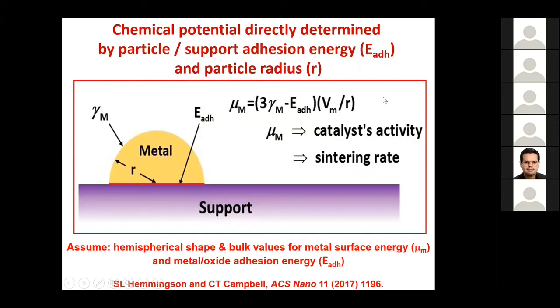And so it shows you that if you have stronger adhesion between the metal and the support, you're going to have lower chemical potential. So the metal atoms are going to be more stable in the particles if they're on a support to which there's a strong adhesion energy. That sort of makes qualitative sense, and it's quantified here for the first time.